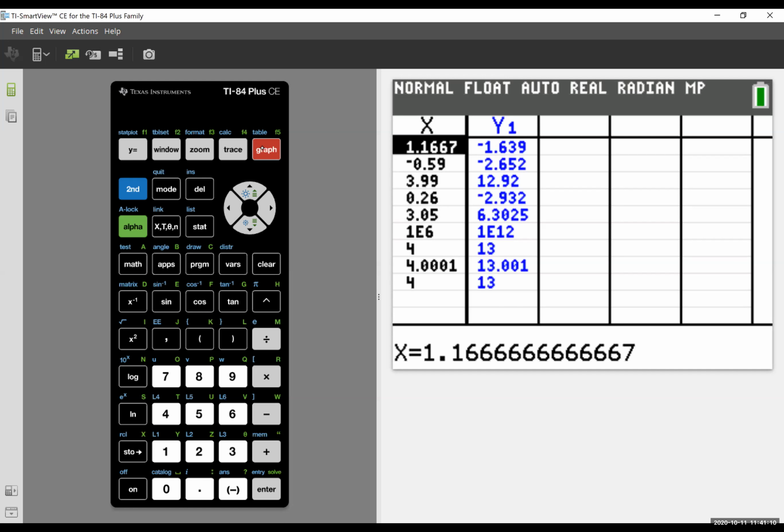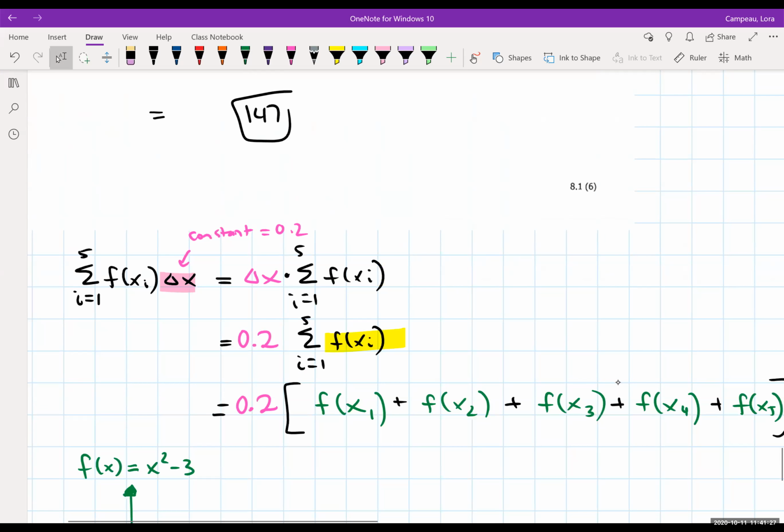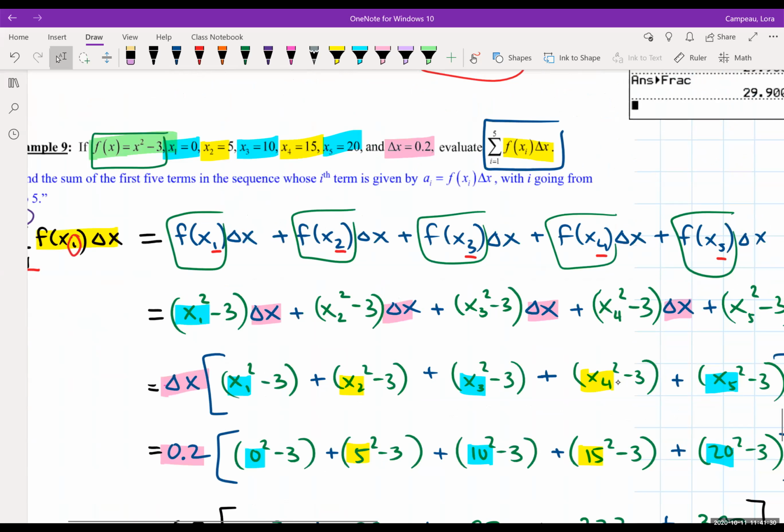And now we can choose our values of x. So now what we're looking at is who is x sub 1, who is x sub 2, and so on. So I'll kind of refresh your memory really quick. Switch back for you. You kind of go back and you're saying, wait a second, who are our x values? Aha.